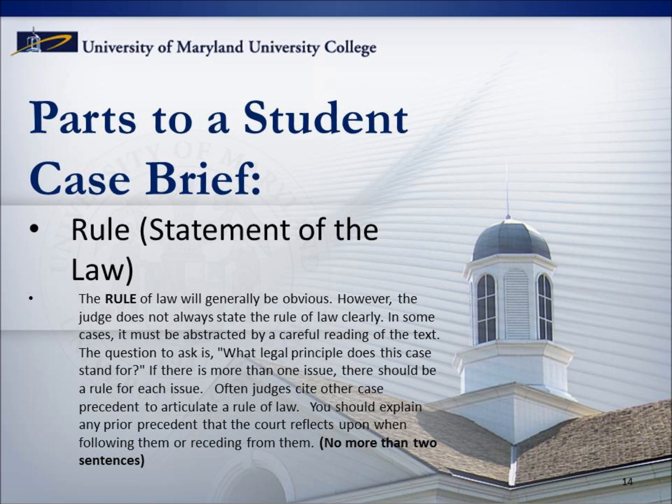That is going to lead you to the rule of law or statement of the law. There might be one or more. If it's a complicated case, it might have 2 or 3 legal issues involved. So in this section, you want to talk about the rule of law that has been created by this case.